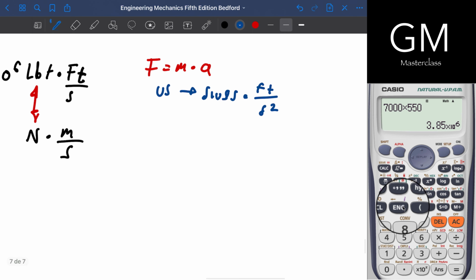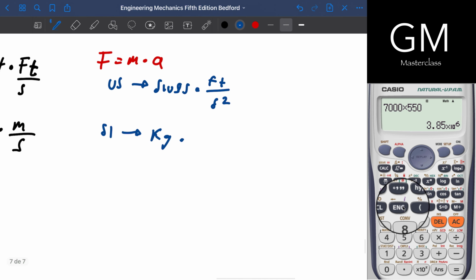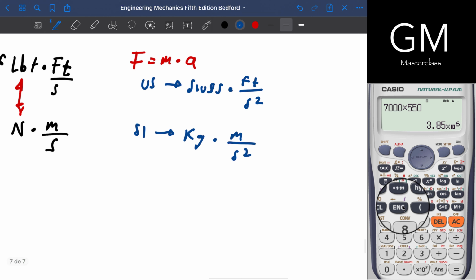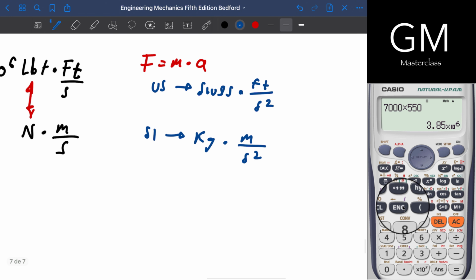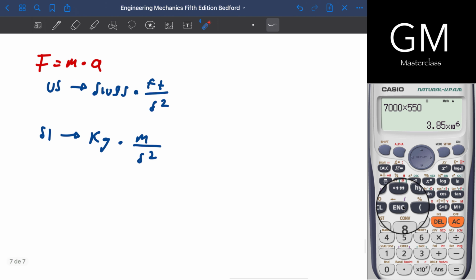And the international system units will be kilograms multiplied by meters per square second. Okay, this is not a unit, this is a prefix. It is important for us to understand that these are the units, the grams.